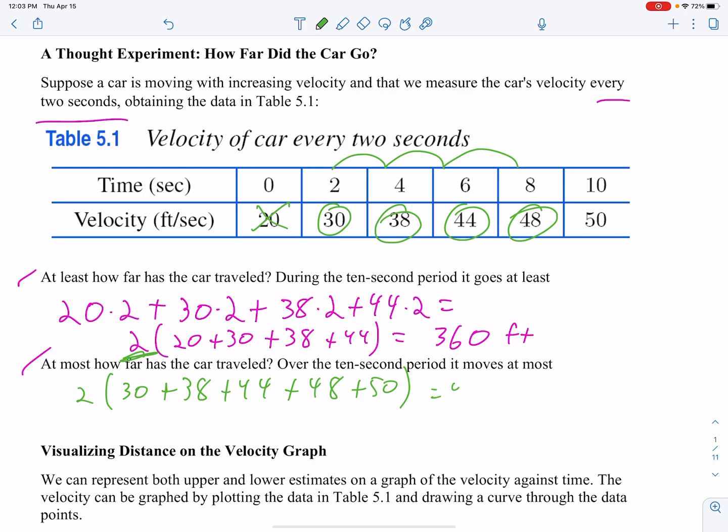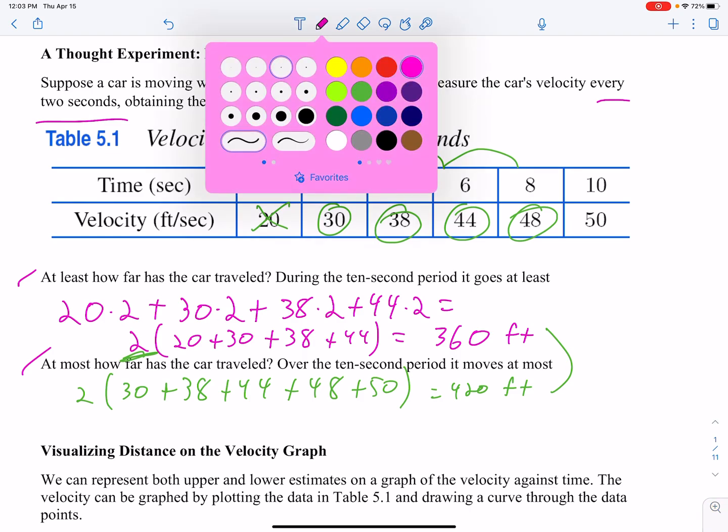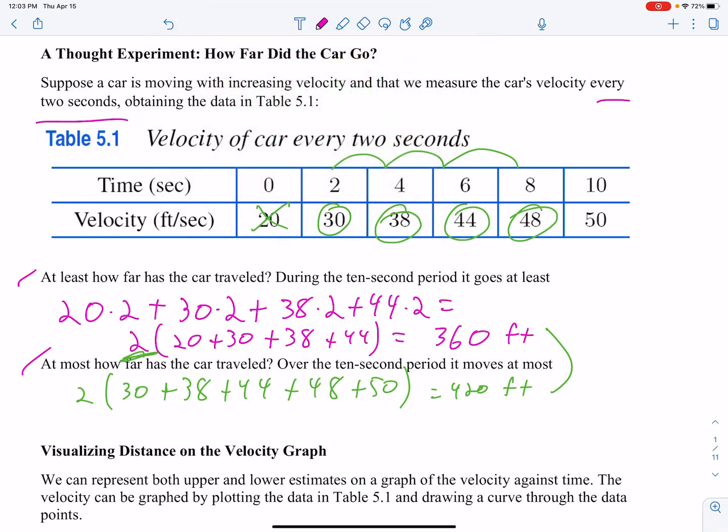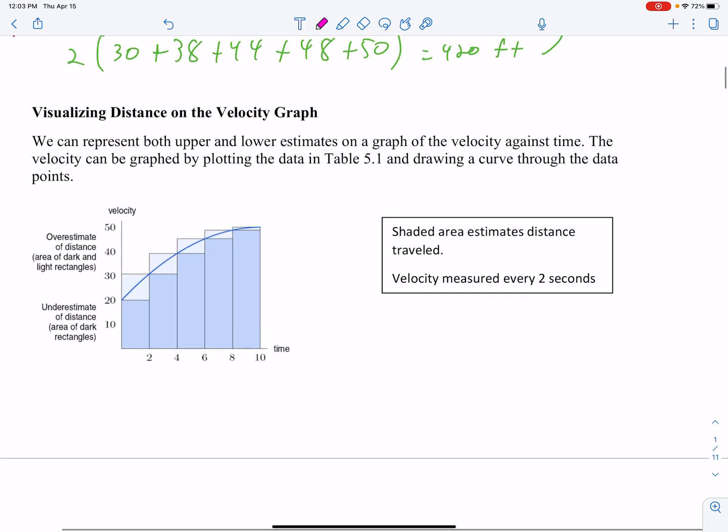And that equals 420 feet. So what we can say is the car went somewhere between 360 and 420 feet in that time period. That's just an over and an under value there.